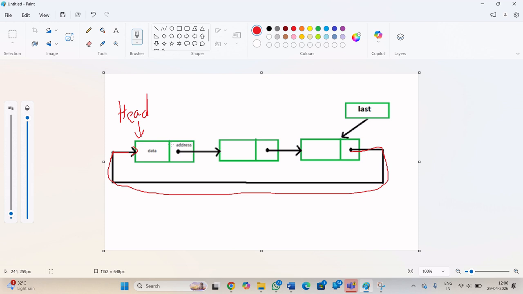What is the benefit? For traversing, we don't need to start from the head again.